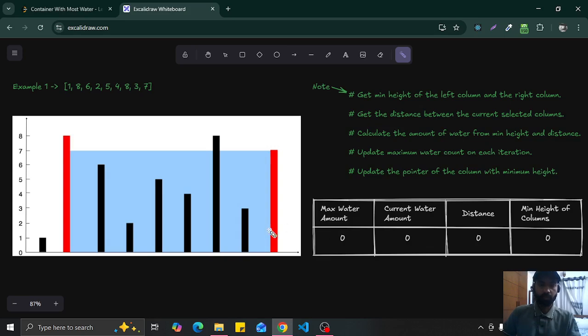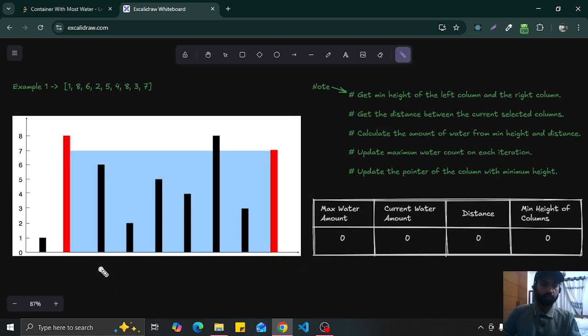First of all we have to get two columns. So let's consider the leftmost column and the rightmost column. If we have two pointers here, the left pointer is going to be pointing at the leftmost column and the right pointer is going to be pointing at the rightmost column.